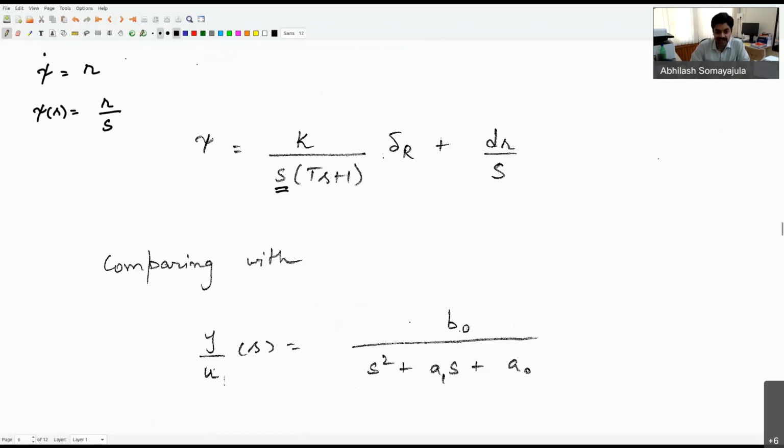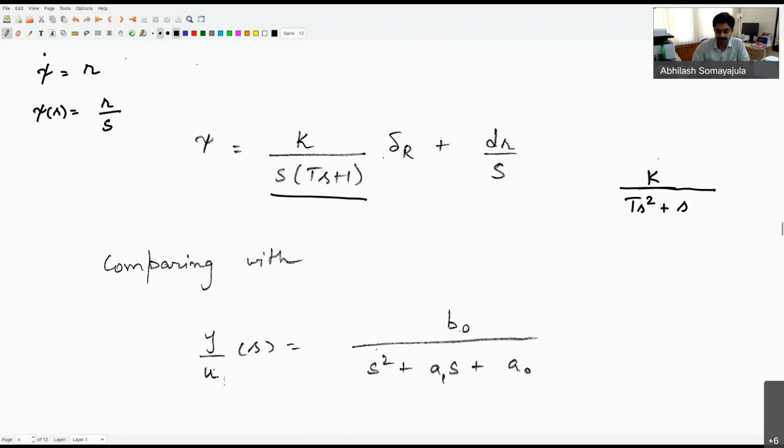Now, once I have this transfer function, I can make a comparison between that second order system and what I have here. Notice that this also is a second order system, because what I get is K divided by Ts squared plus s.